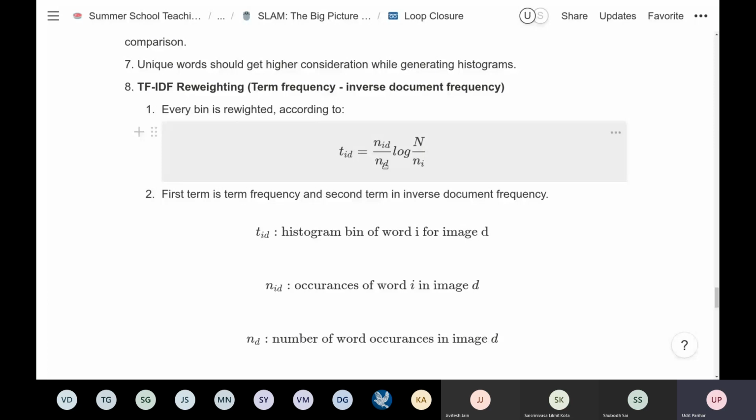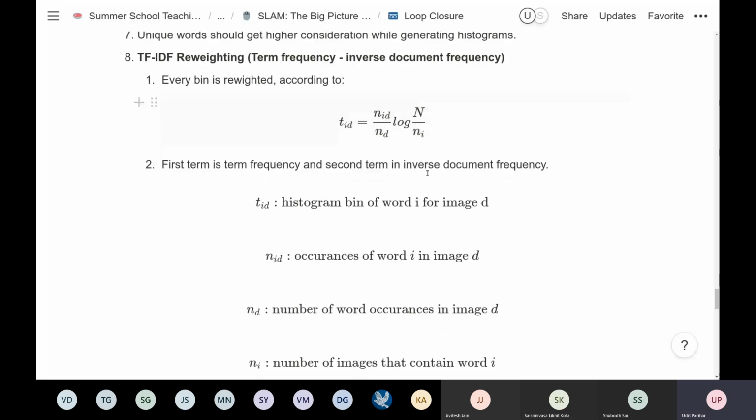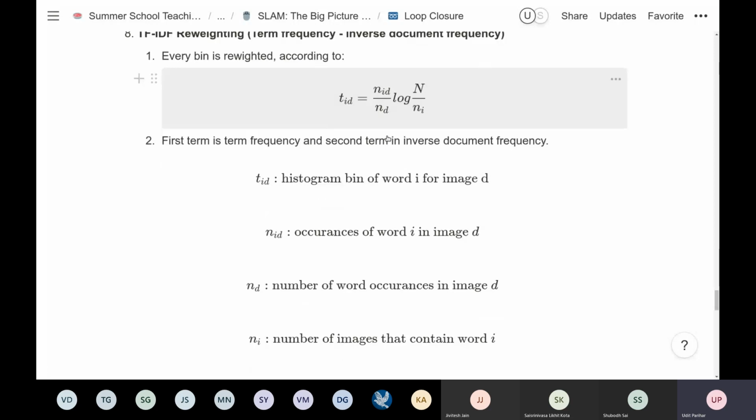It tells how frequently a particular word occurs in a particular image. The second term, log N upon ni, will say how unique that particular word is. Here i is a word and d is an image. So the second term is the uniqueness term and the first term is the frequency term.